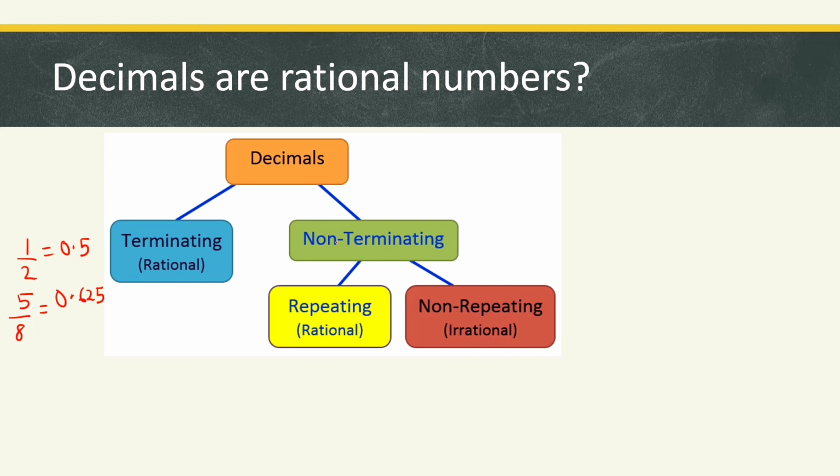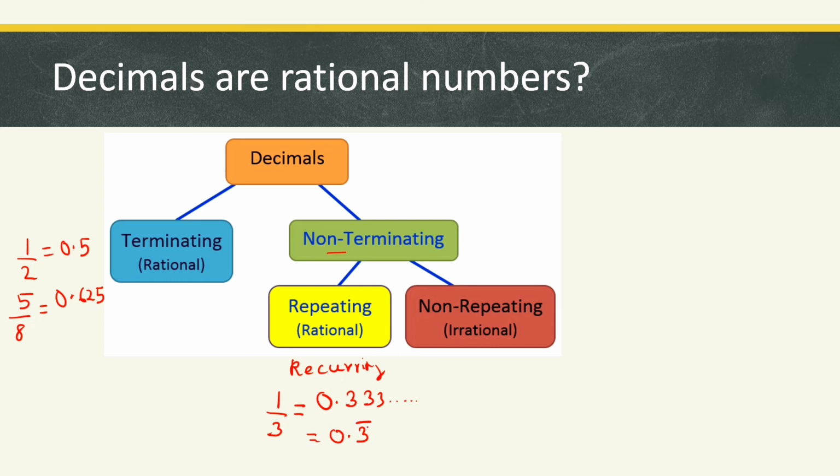Now let's go ahead and check out the non-terminating decimals. In non-terminating decimals, I can have either repeating or recurring ones. Now how do I get recurring decimals? Like 1 by 3. When I divide 1 by 3, I will get 0.333 and it goes on, which I can represent as 0.3 with a bar on the top.